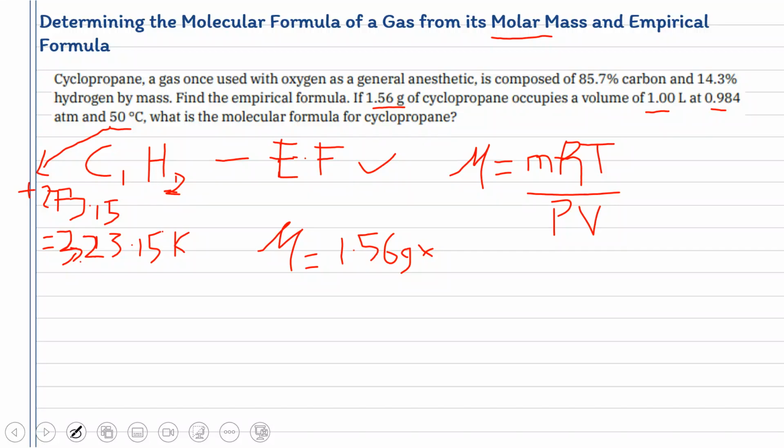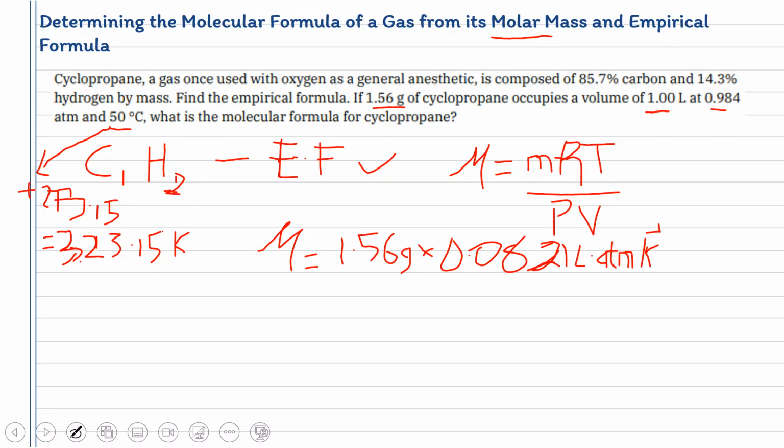So I don't have to do any conversions. So that gas constant that has ATM, it's the one that has 0.0821 liters ATM per Kelvin per mole.